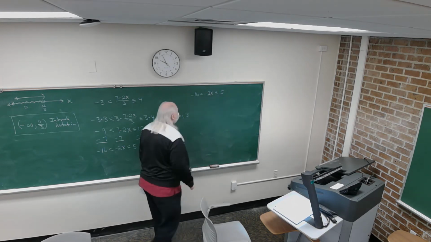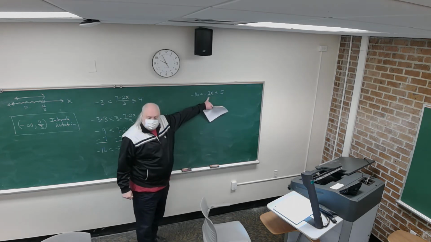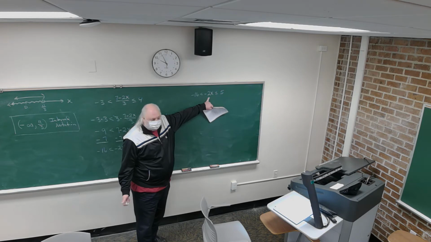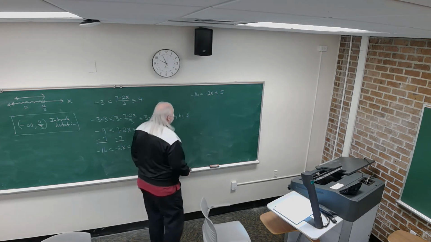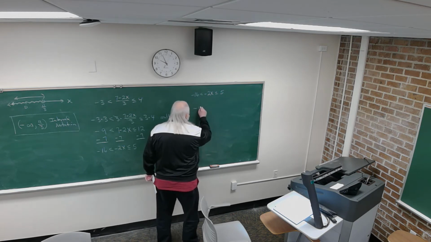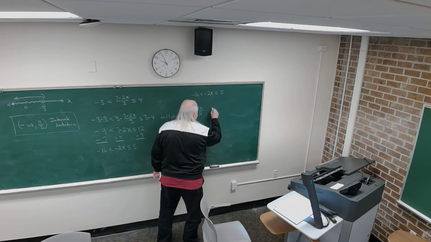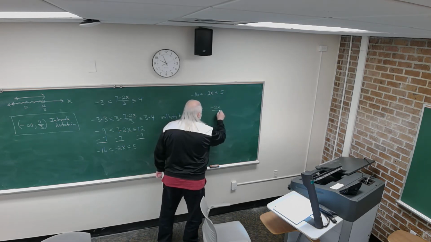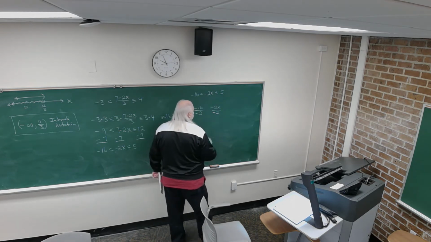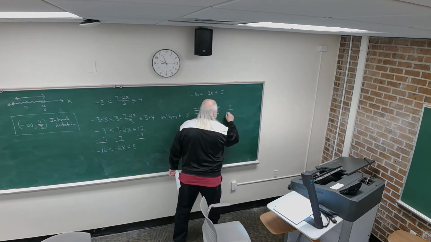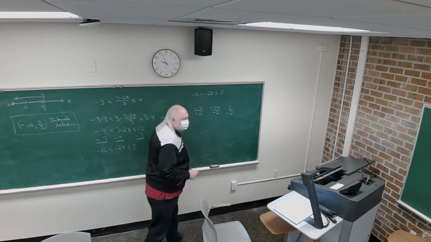Alright. So now to isolate the x in the middle, you have to divide all three sides by negative 2, right? Division undoes multiplication. So we have minus 16 divided by negative 2 on the left, minus 2x divided by minus 2 in the middle, 5 divided by minus 2 on the right.